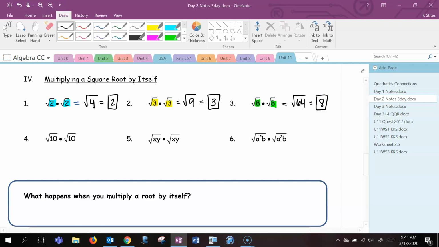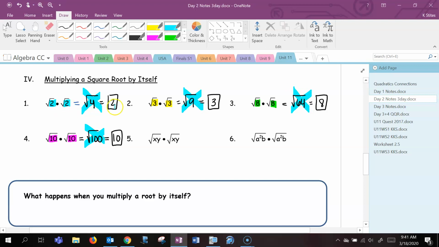Okay, so when we do root 10 times root 10, some of you are already saying, well, I don't need to do all this. Yeah, 10 times 10, that's root 100, but what is root 100? It's just 10. So before we do these variables, what happens when you multiply a root by itself? Well, really, we don't need to do this step.